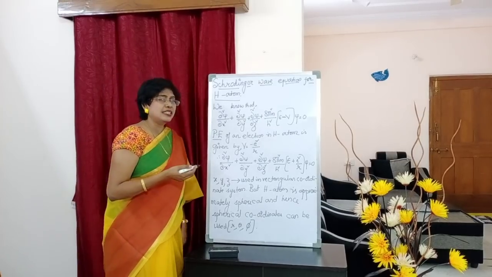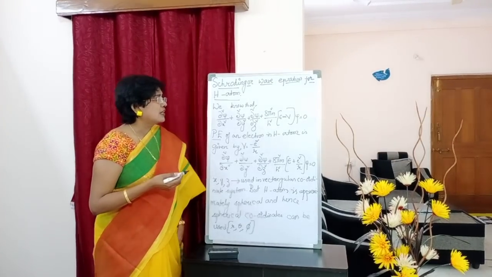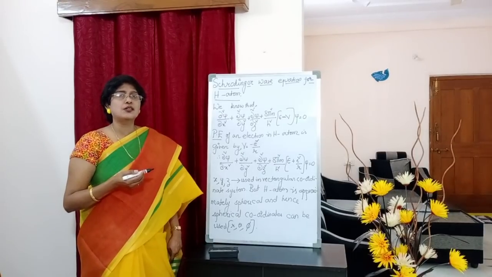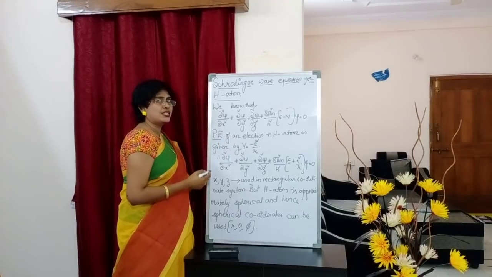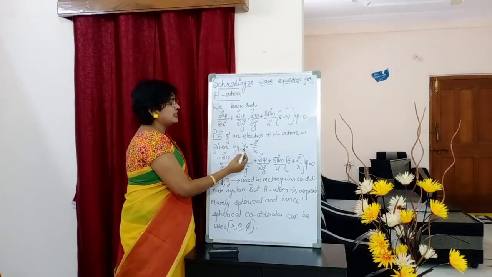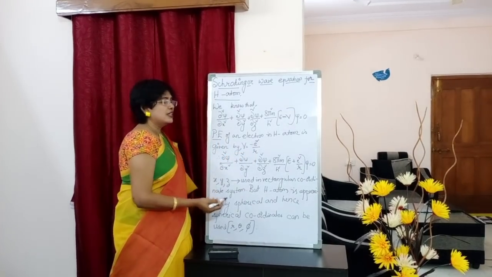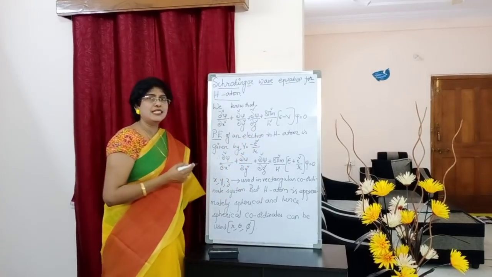So E plus e square by r into psi is equal to 0. We have taken the Schrodinger wave equation and substituted V equal to minus e square by r.